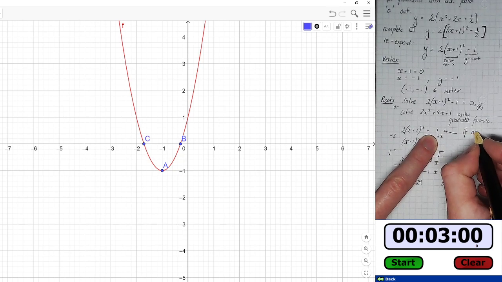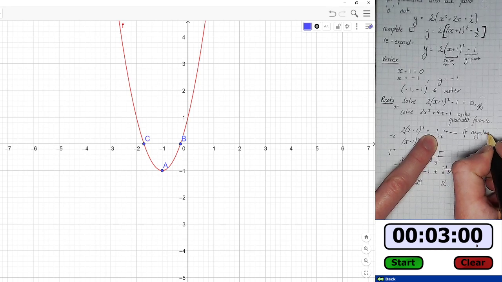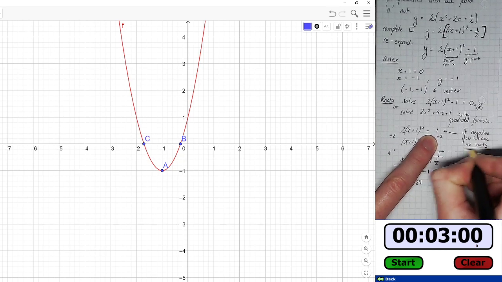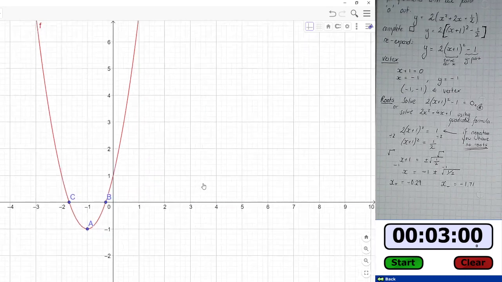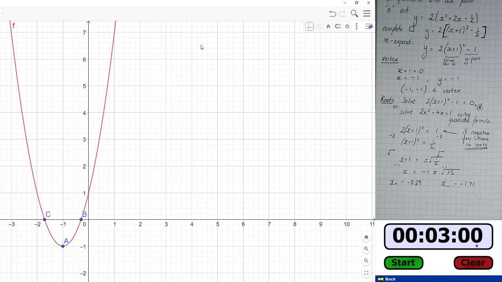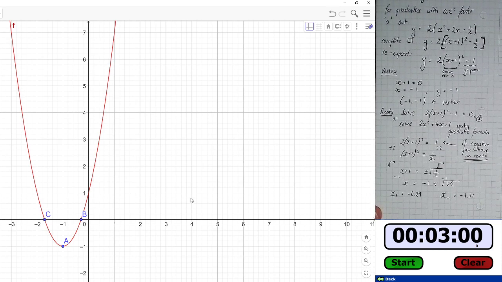So if this is negative, you have no roots, which means that the graph will not pass through the x-axis. So it could be that our quadratic curve is up here somewhere and doesn't go through the x-axis. That is a possibility.